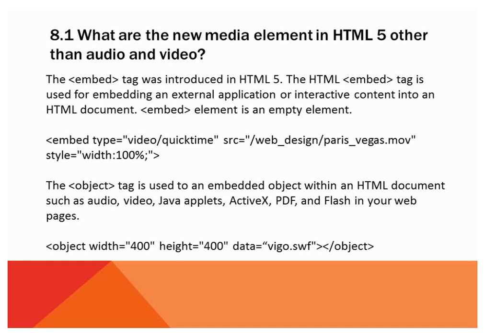The object tag is used to embed an object within an HTML document, such as audio, video, Java applets, ActiveX, PDF and Flash in your web pages. The tag will be object with height, and the data will come in between. Some interviewers might ask, how will you add a YouTube video into the media file?